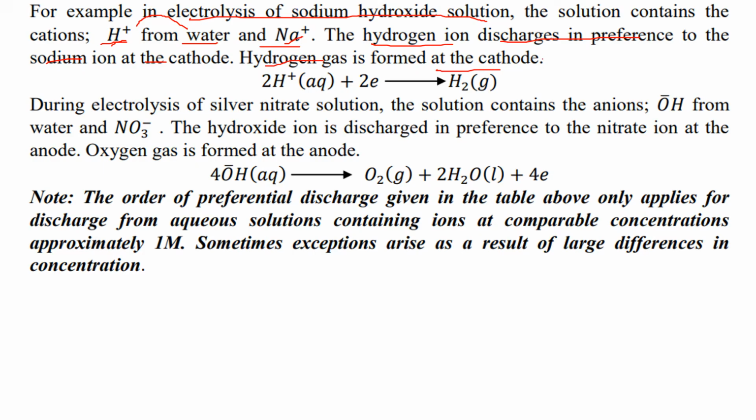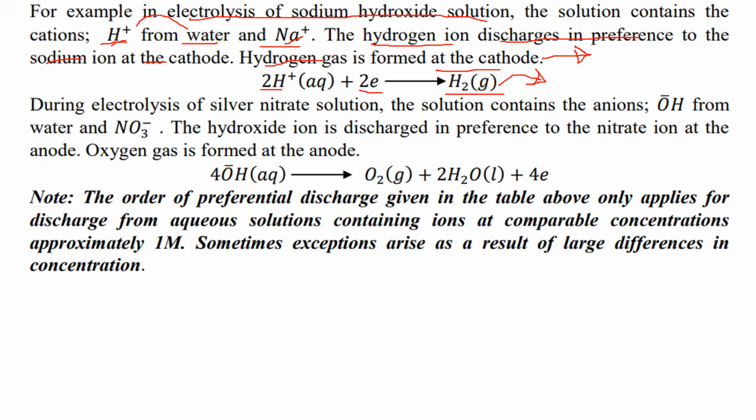Remember that at the cathode is where reduction takes place, and we deal specifically with cations. So protons are discharged by addition of electrons to give a colorless gas, hydrogen gas. So the observation is effervescence of a colorless gas, and the gas formed, in the equation, is hydrogen gas.